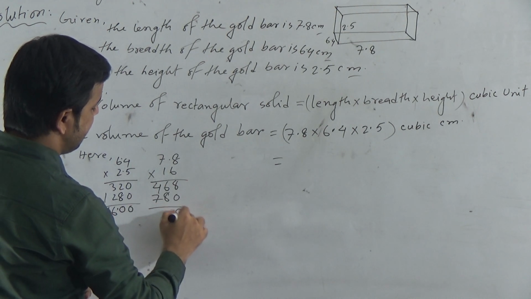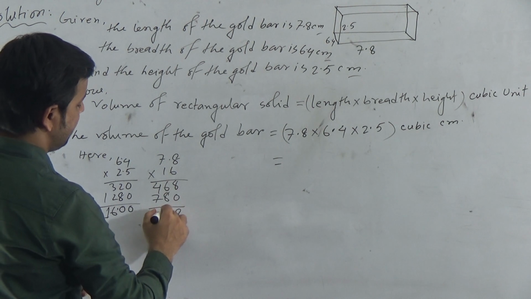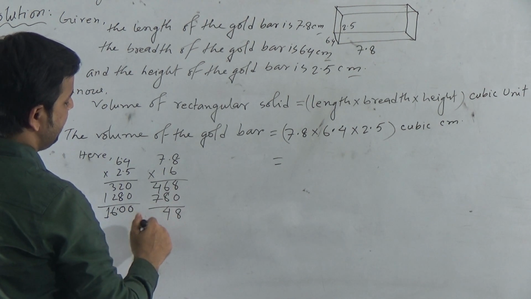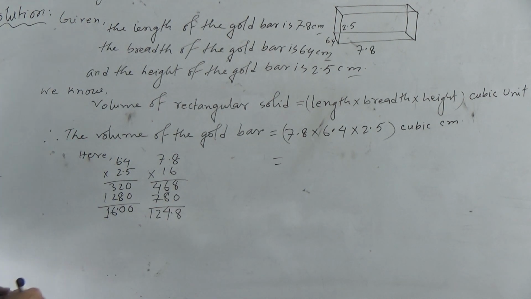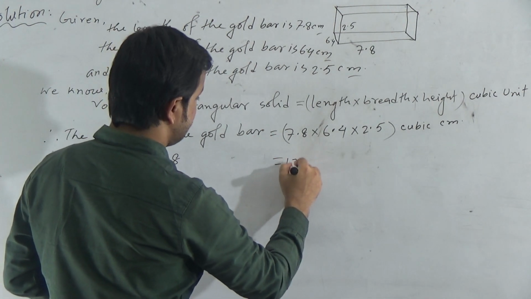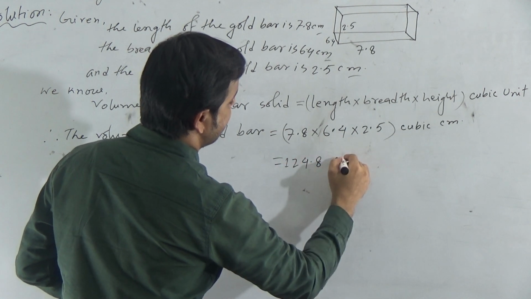So we can write here 8, 6 and 8 is 14, and 7 and 4 is 11, 12. So we can say the product of these three is 124.8 cubic centimeter.